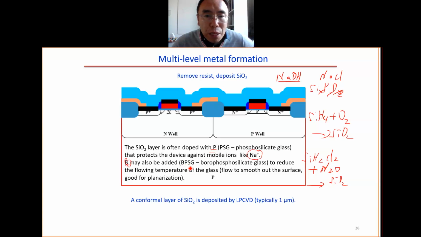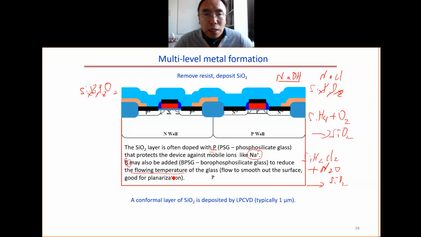This is called BPSG, borophosphosilicate glass. It will be something like this: silicon, boron, phosphorus, oxygen, with numbers. When we put the boron in the glass, it reduces the flow temperature.